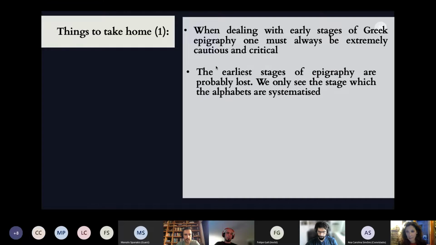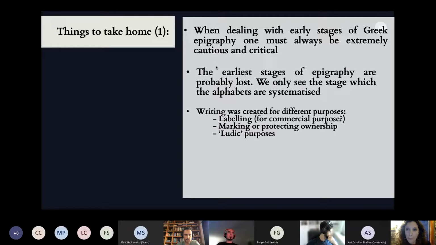The other thing is that we have to keep in mind that what we see in the first inscriptions is not the first stage of the alphabets. So maybe it's not even the second one. It's a stage in which everything is organized. It's too neat to be the first stages of it.